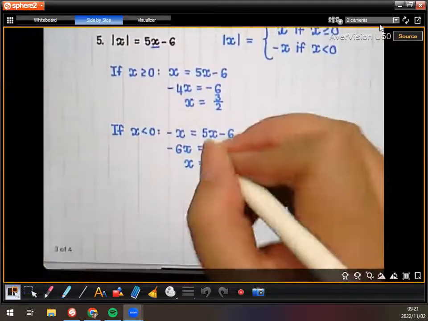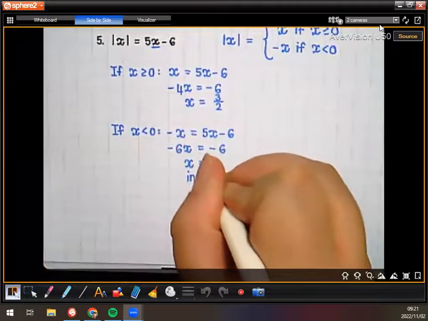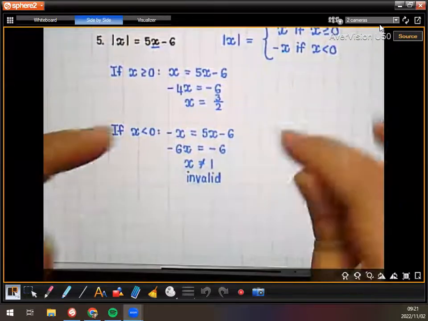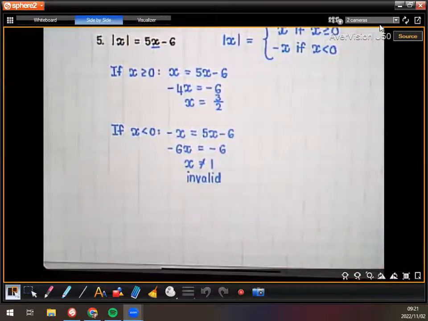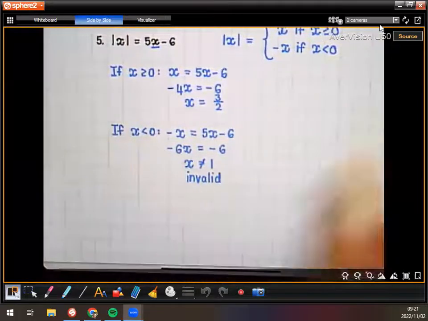So you can actually do a check here, because for this part of the solution, we said that if x is a negative number, then this equation will work. But now we're getting a value for x that's not negative. So we're actually contradicting ourselves here. So you do have to check, guys.